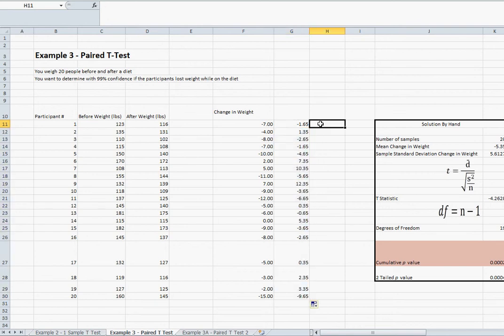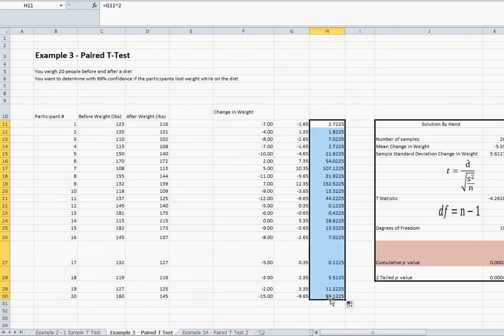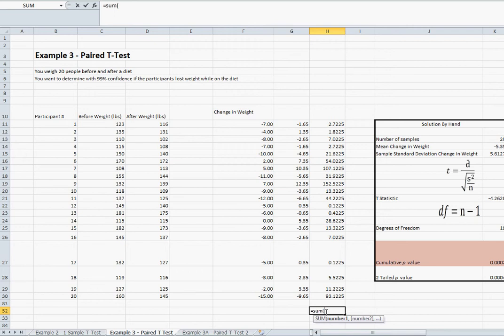And then we square that. And then we take the sum of all of those. And then it's that value divided by n minus 1, so our count minus 1. And then the square root of all of that.